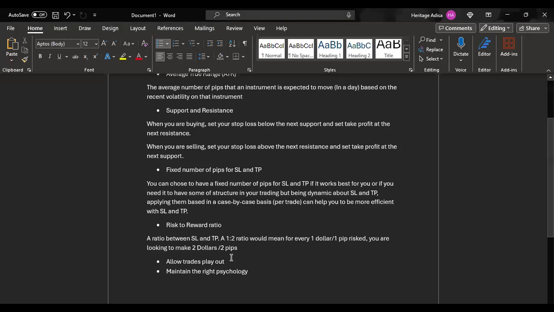Allow trades to play out. What I mean by this is, do not be in a hurry to jump out of trades if price moves a little in your favor, or a little against you.